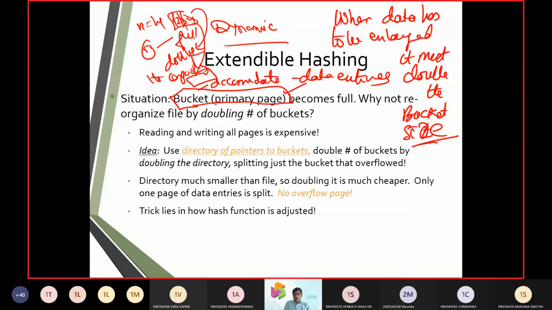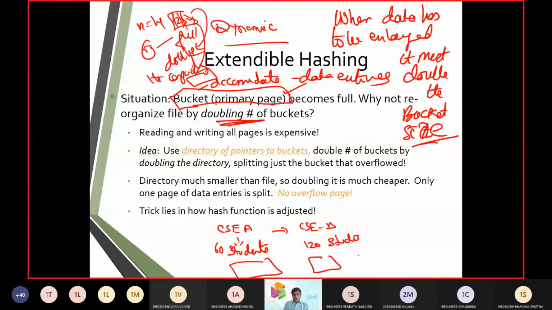So how are we doubling the buckets? For example, CSE A was initially there and its capacity was 60 students. Now CSE B came, so the capacity became 120 students.